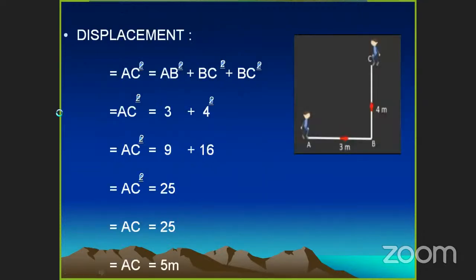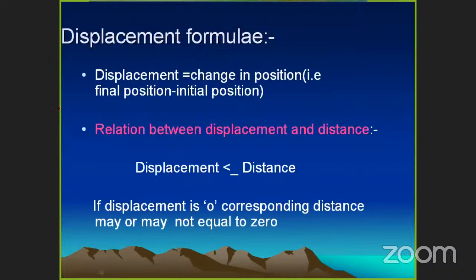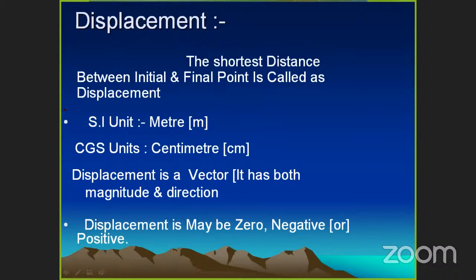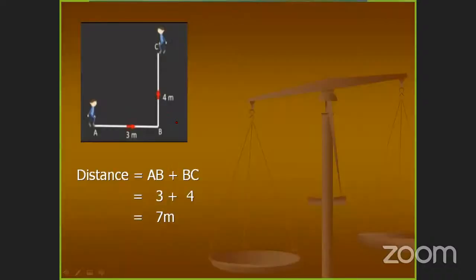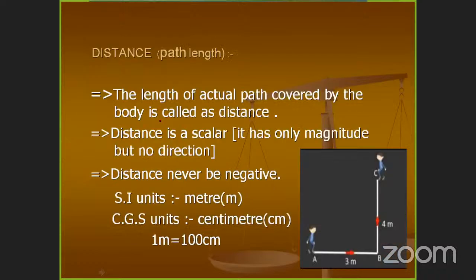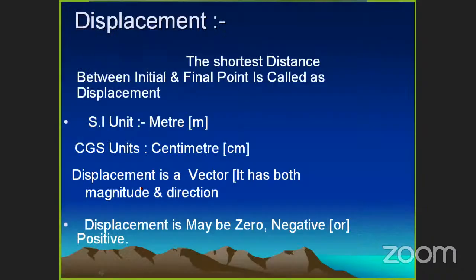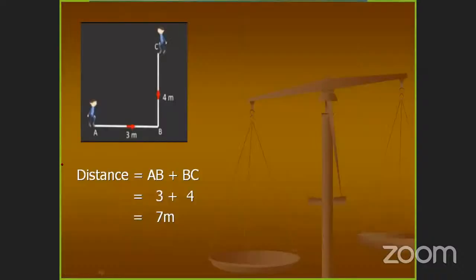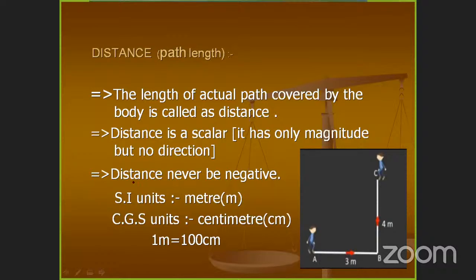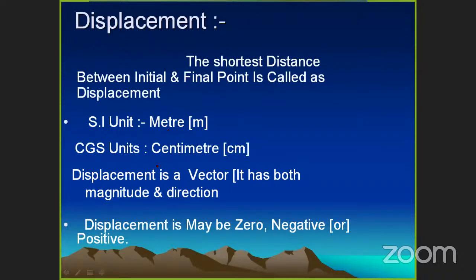The SI unit of distance is meter, and the SI unit of displacement is also meter. The CGS unit of distance is centimeter, and the CGS unit of displacement is also centimeter. Distance is a scalar quantity, that is, it has magnitude but no direction, and displacement is a vector quantity.